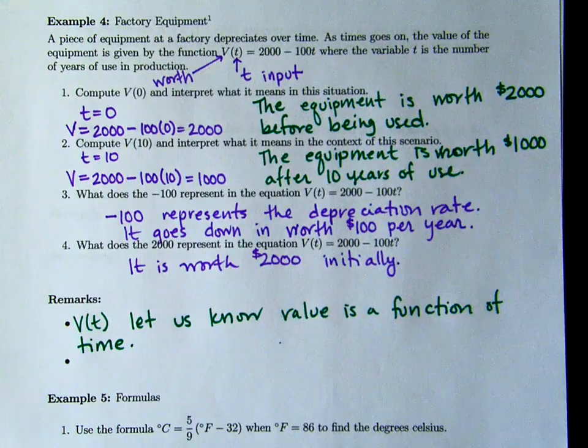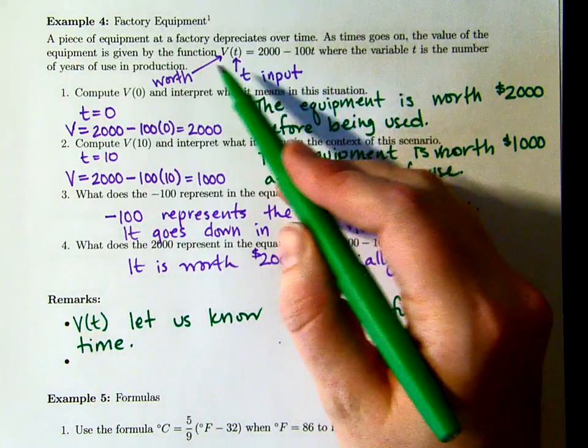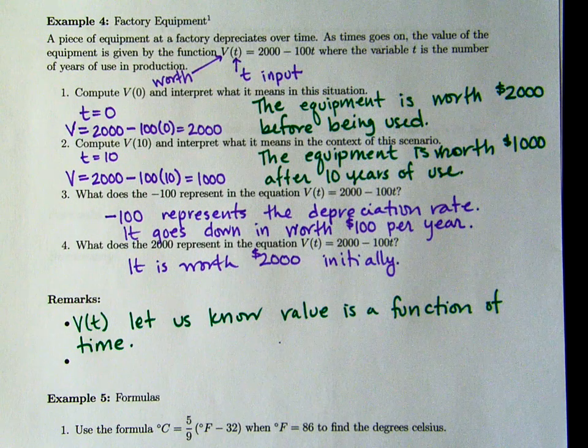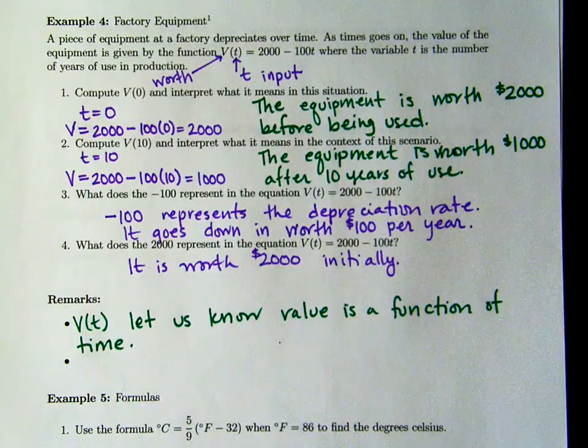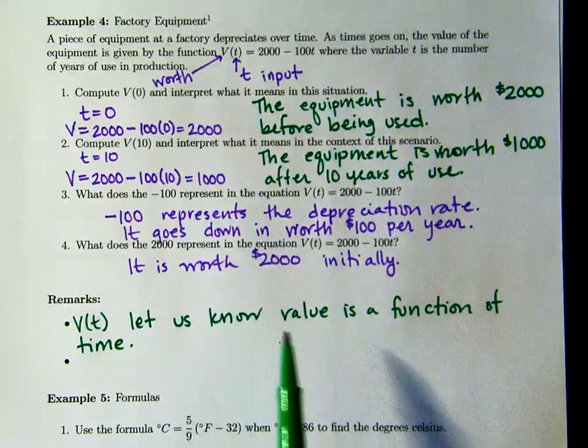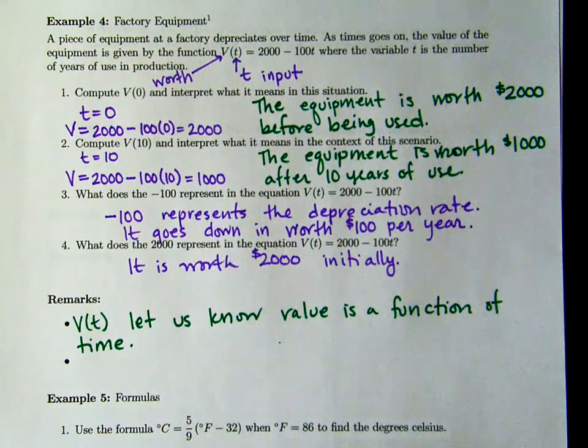And we really do use the word function there. This notation was specifically chosen to say that for every input, there was no more than one output, and that output was value, and that input was time. So this V of t lets us know that value is a function of time.